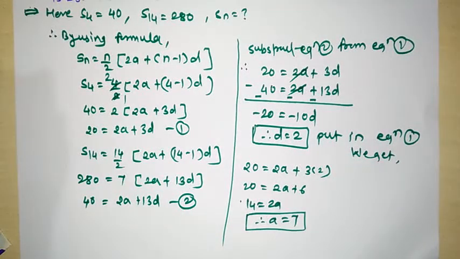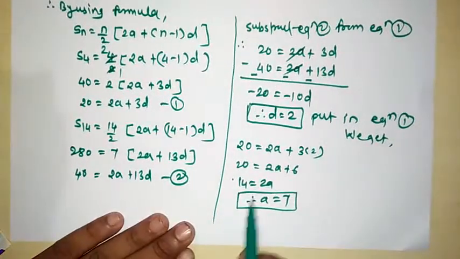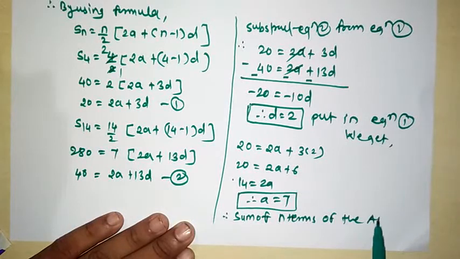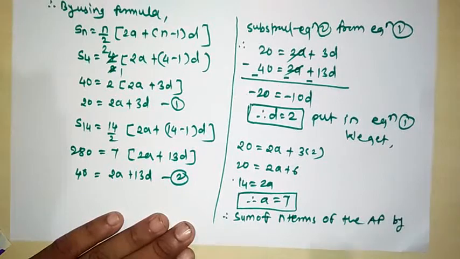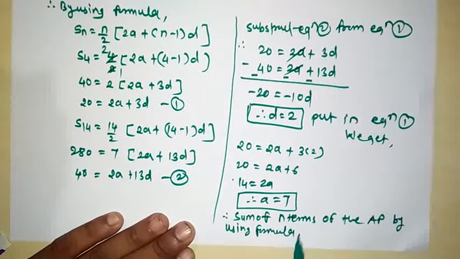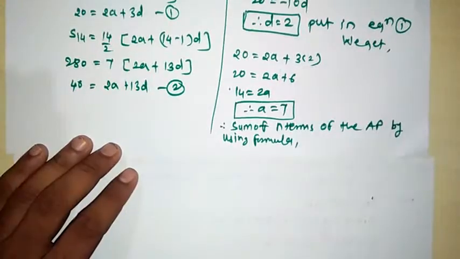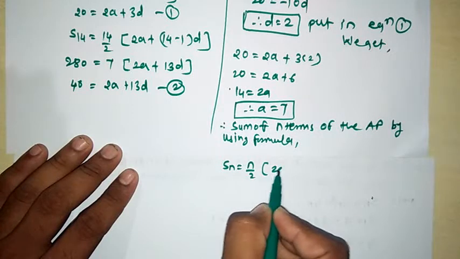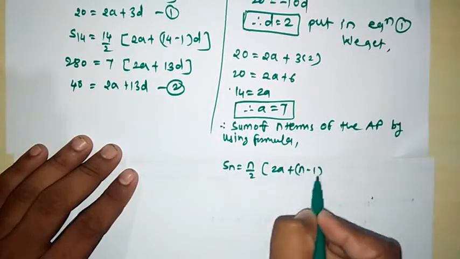But what do we have to find? We have to find the sum of the n terms. Therefore write here, therefore the sum of n terms of the AP by using the formula Sn is equal to n by 2 into 2a plus n minus 1 into d.